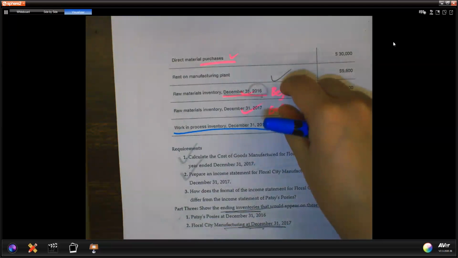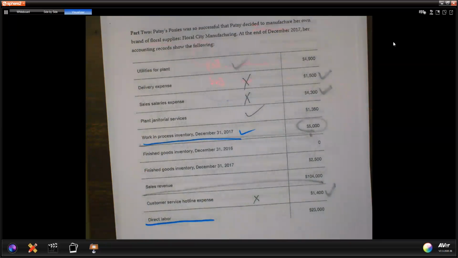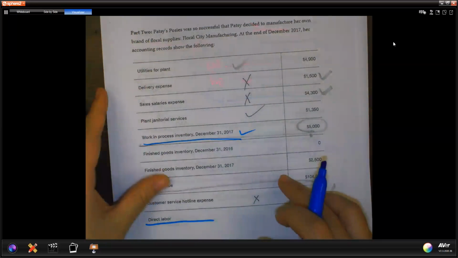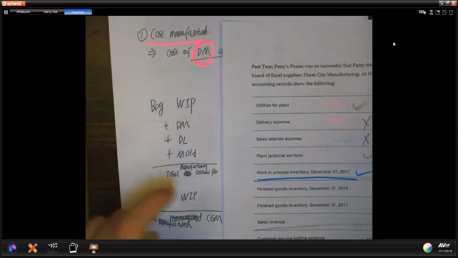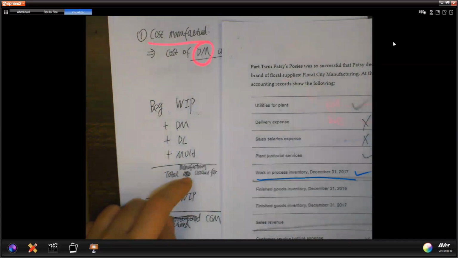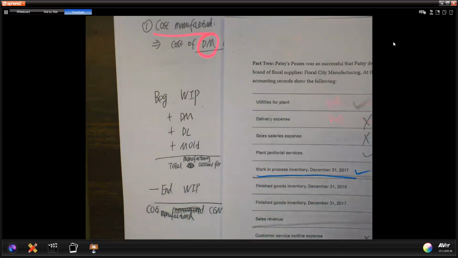We already calculated that, and then we need to get direct labor, and we also need to get manufacturing overhead. So I'll just put the formula here: work in process beginning, plus direct material, direct labor, manufacturing overhead. That gives you manufacturing costs, minus your ending work in process gives you cost of goods manufactured.